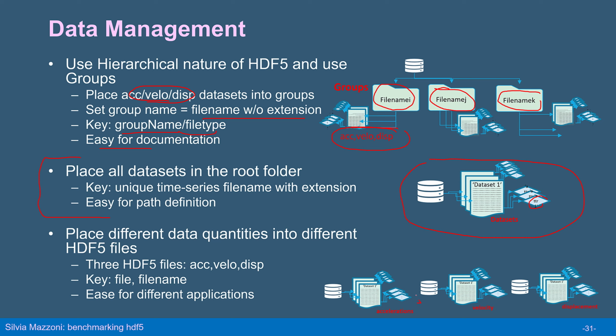The other option is to have different houses. One house is going to have all the acceleration, one file is going to have the velocity, and another file is going to have the displacement. What does this mean? Thinking overall, the single-file approach is almost the most compact way of storing things. The grouped one is the next most compact because I'm just adding groups and attributes.